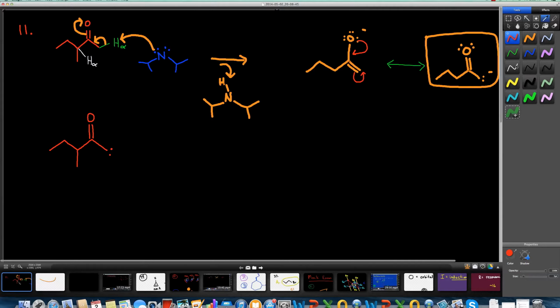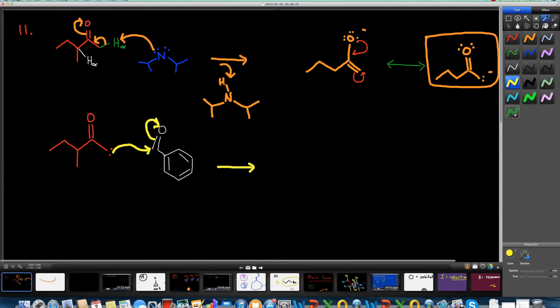And I'm going to show it attacking a molecule of benzaldehyde, which is a very typical aldol electrophile. So the most reactive nucleophile attacks the most reactive electrophile.